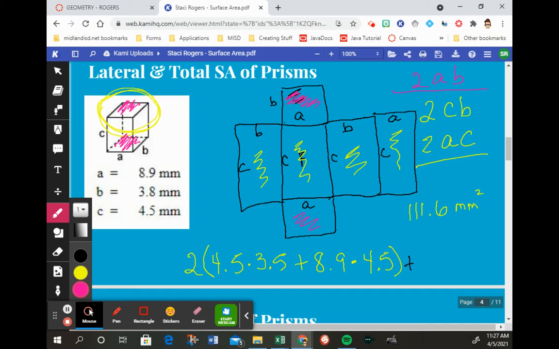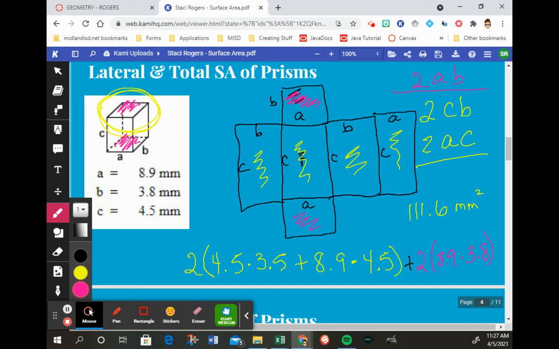Okay? Now we're going to add on the 2AB. So plus 2 times 8.9 times 3.8.